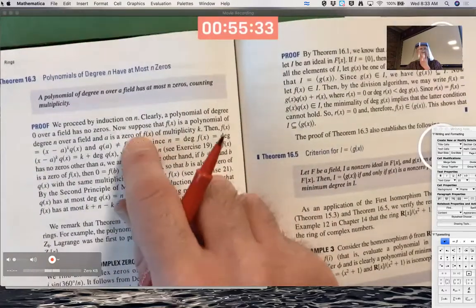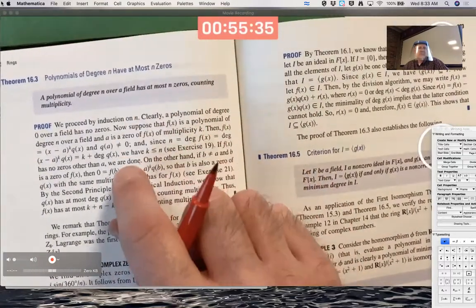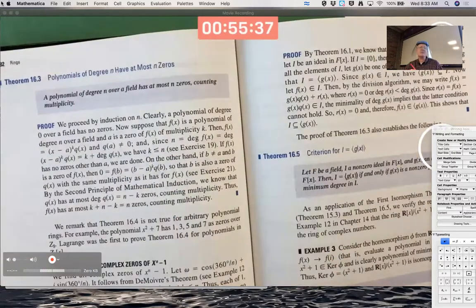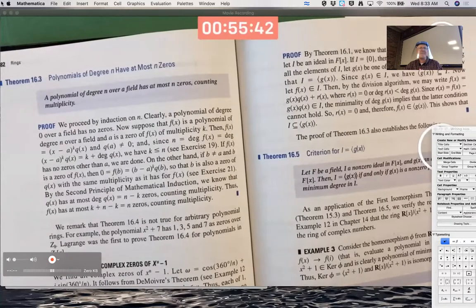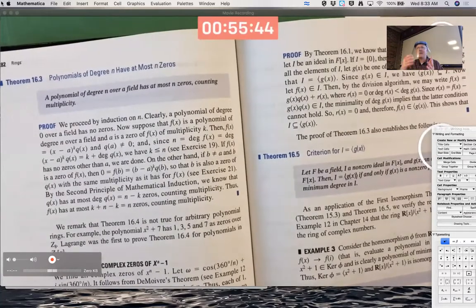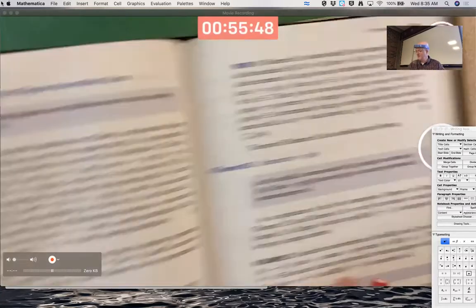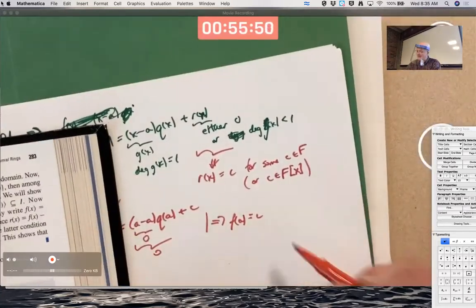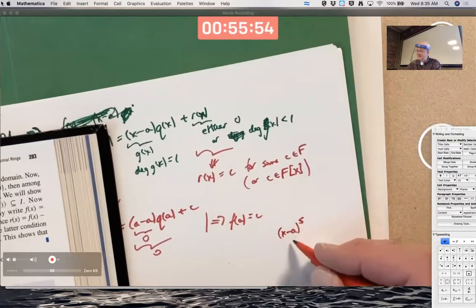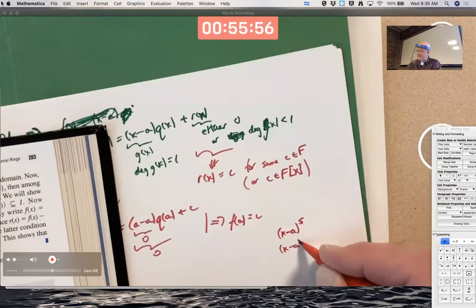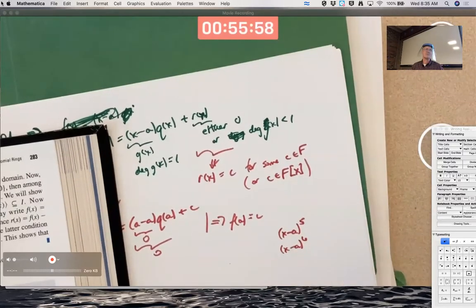Corollary, or I guess it's not a corollary. Theorem 16.3 says a polynomial of degree n over a field has at most n zeros, counting multiplicity. A root, say, called the root a, has multiplicity, say, 5, if x minus a to the 5th power is a factor, but x minus a to the 6th power is not a factor of f of x.